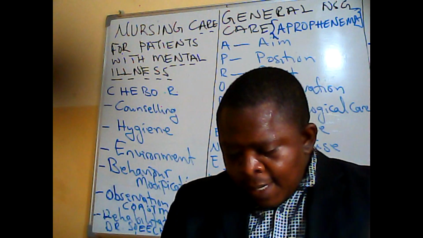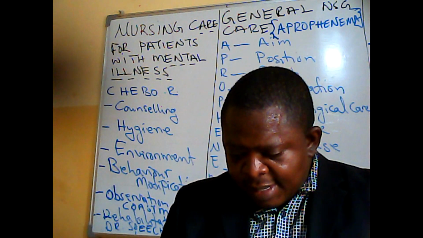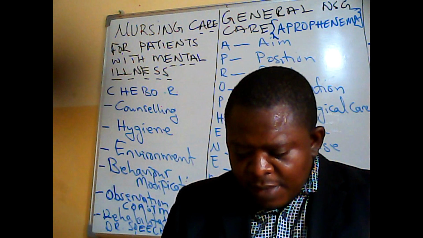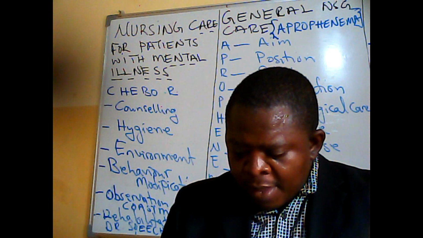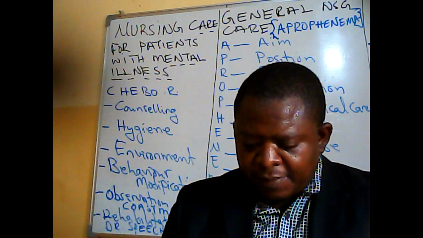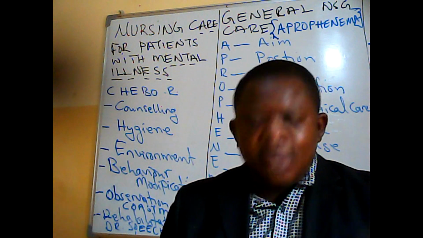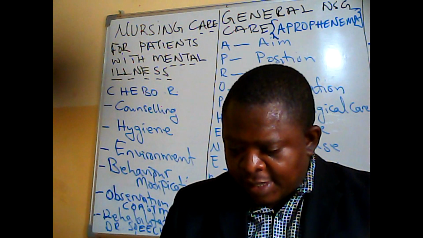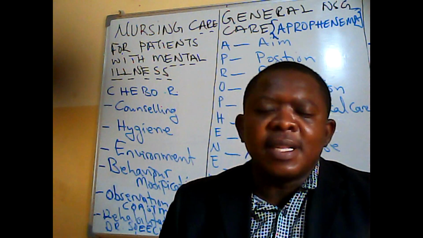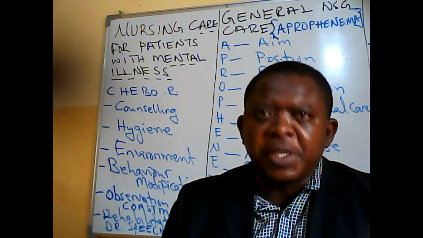Okay, all right. So now looking at memory, we have looked at attitude. Then P is perception. Are they having delusions? Are they having hallucinations? So look at the perception of the patients. Are they having an altered general perception?